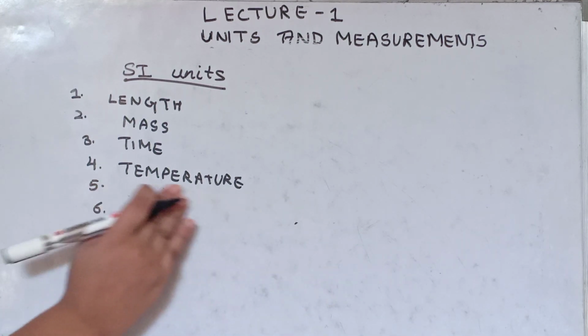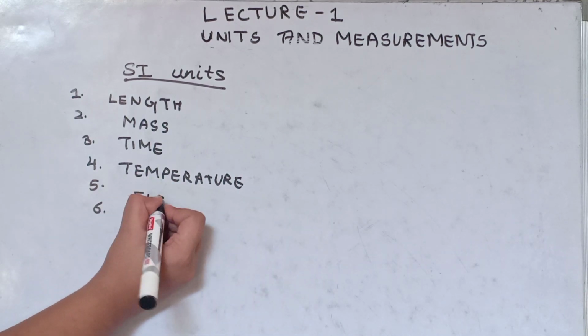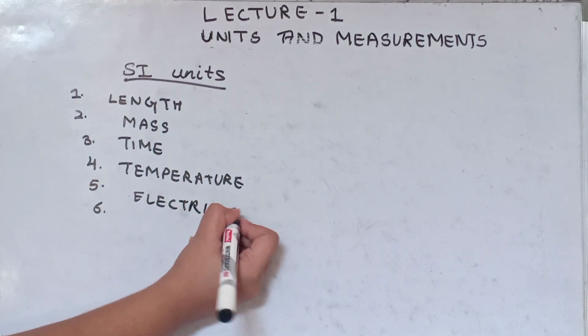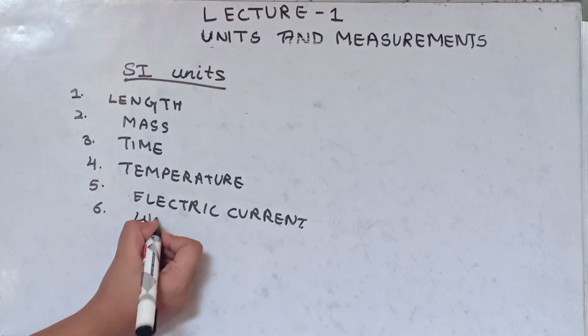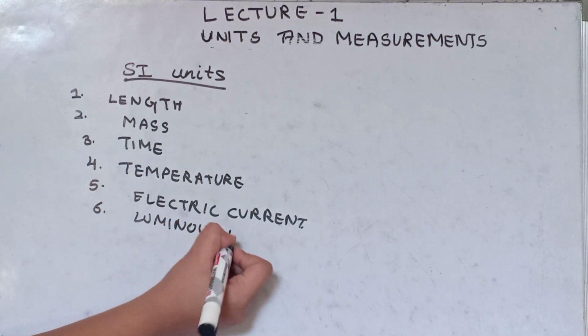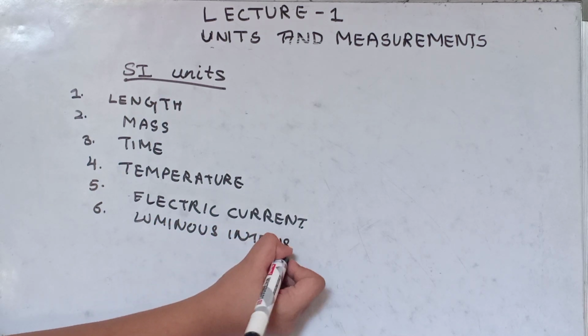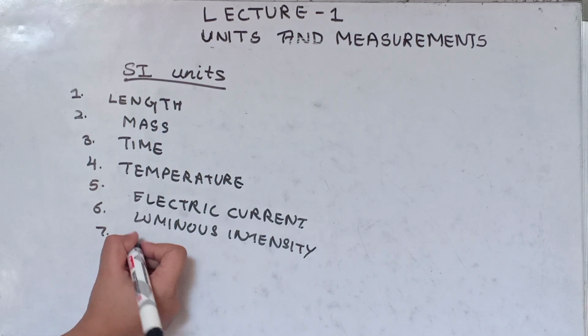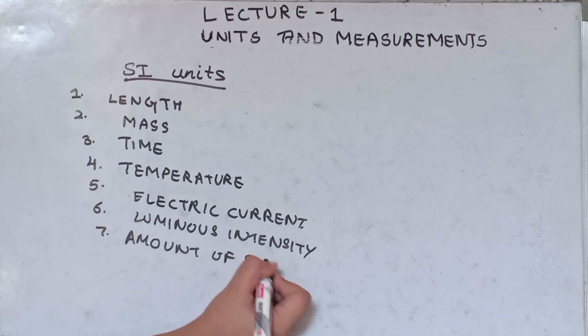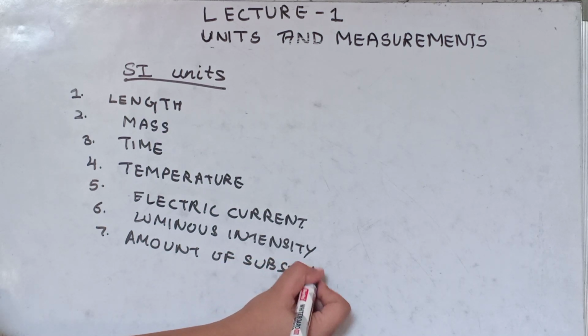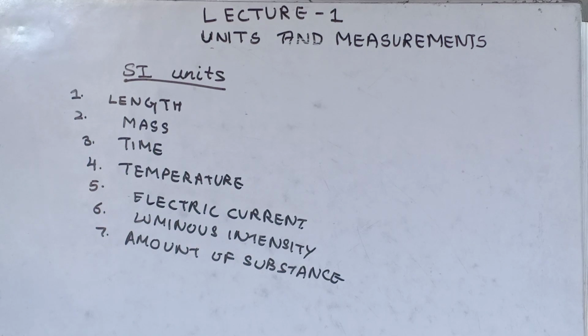So number 4 is temperature, 5th is electric current, 6th is luminous intensity, and 7th is amount of substance. Now let us write what are the standards chosen for these quantities.